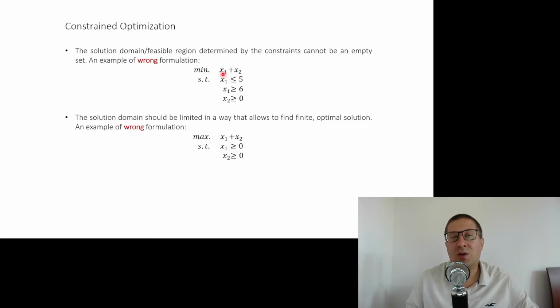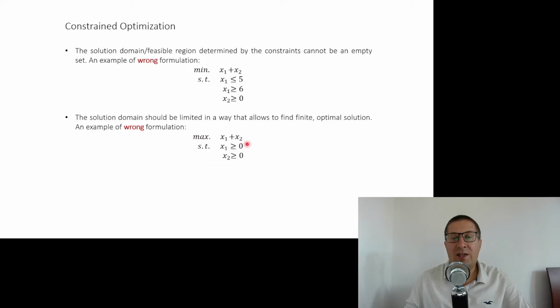So we want to minimize the function x1 plus x2, but take a look at the constraints. On one hand, x1 needs to be lower than 5. On the other hand, x1 has to be higher than 6. So there is no solution. The task is wrongly formulated.